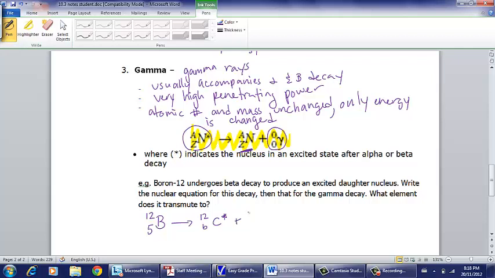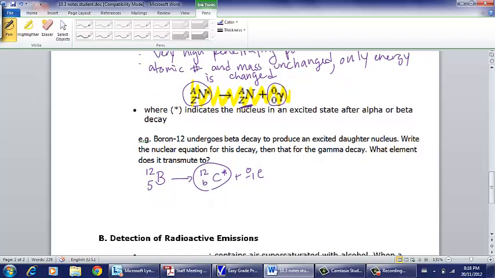It was beta decay, so it emitted an electron. Then this carbon-12 nucleus is going to undergo decay to get rid of that extra energy. So we have carbon-12, 6. It's going to undergo gamma decay, so it's still going to be carbon-12, 6, but it is losing gamma radiation.